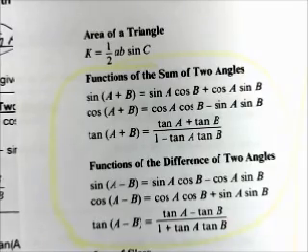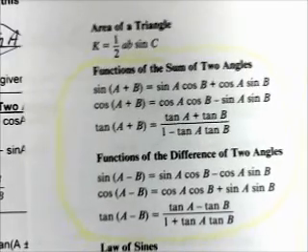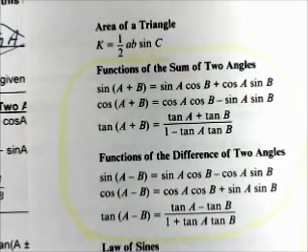Well, why do we have to know this? What if we want to find the exact value of something like the sine of 15 degrees? Right now, we only can find exact values of angle measures of 30 or multiples of 30 or 45. So the 15, how can we come up with 15?